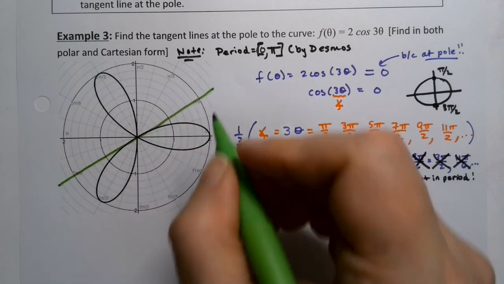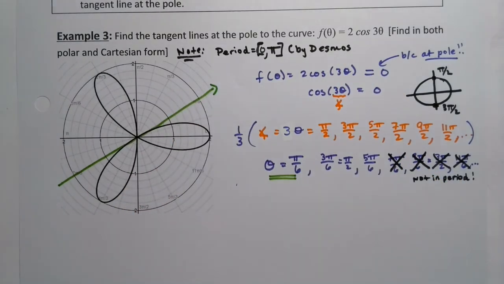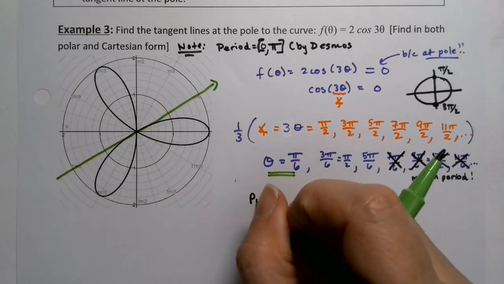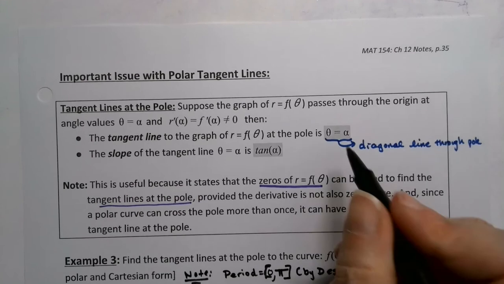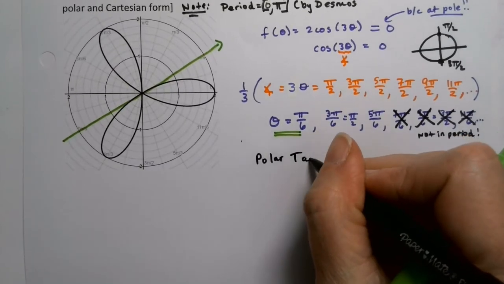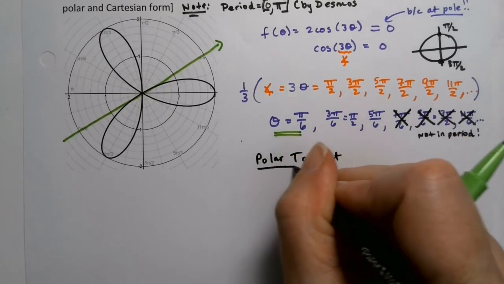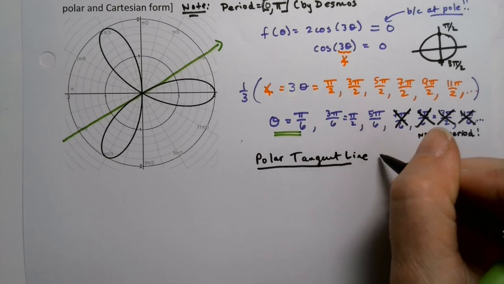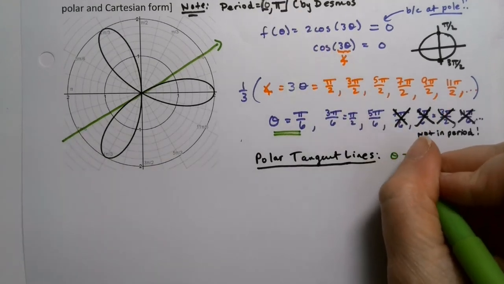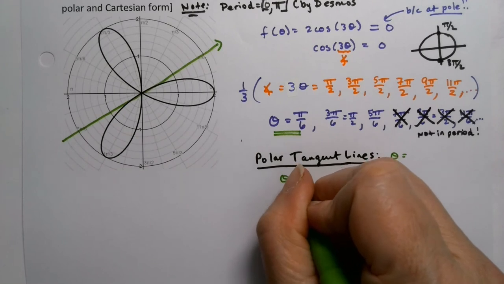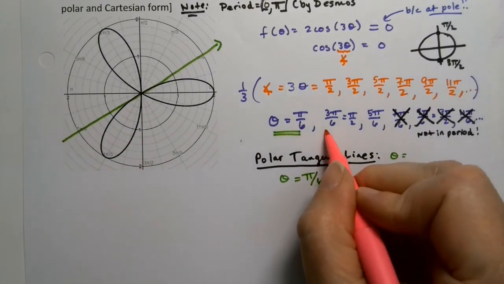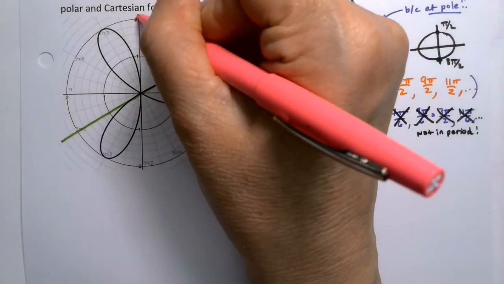There it is. There's your equation of your tangent line, right? So your polar tangent lines are really easy because the polar tangent lines, look what it says. It says theta is equal to that angle. So your polar tangent lines are theta equals pi over 6. Oh, I'll put them down here. Theta equals pi over 2, which is right here.